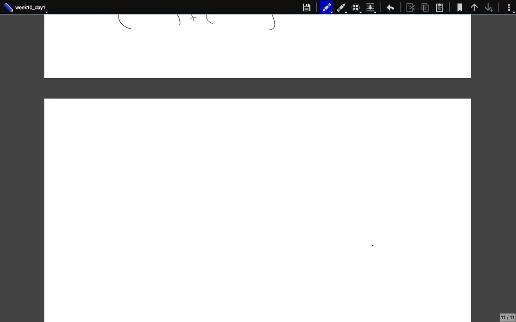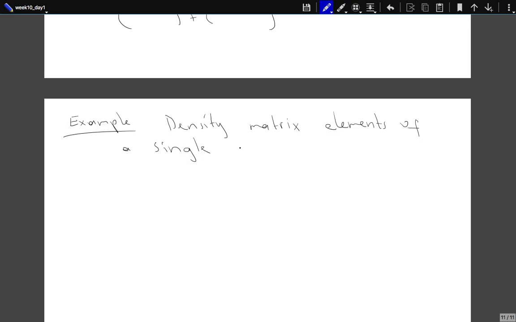Now let's look at the density matrix for a single free particle.